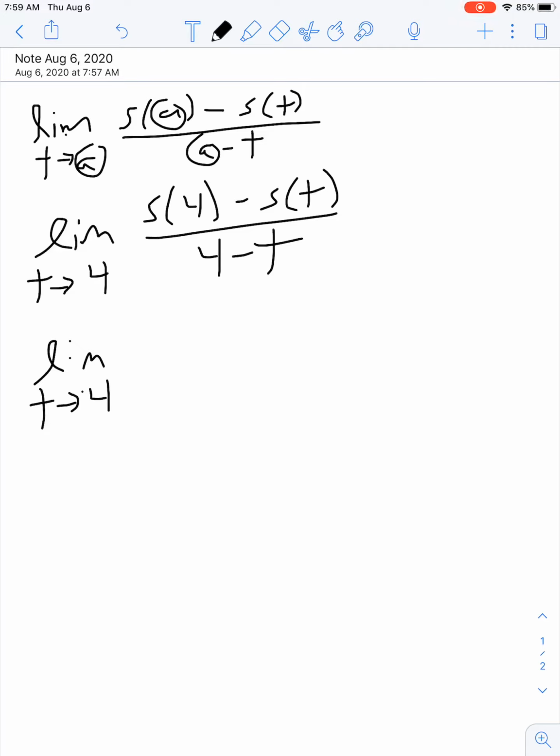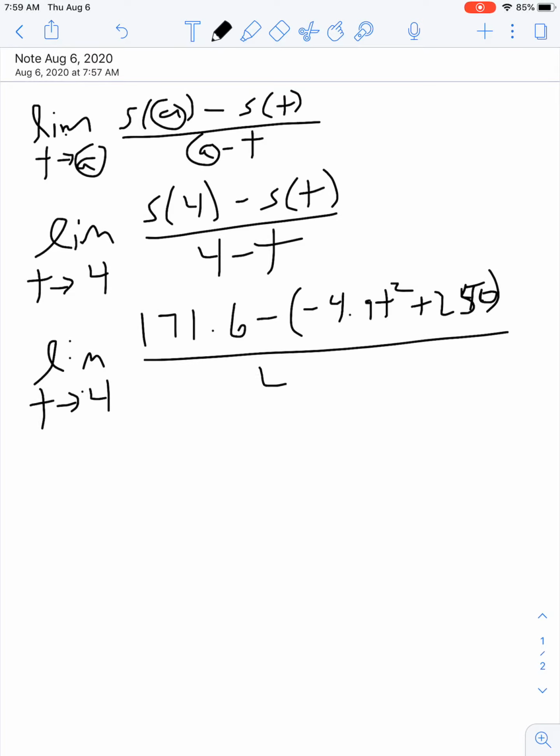So s of 4 is 171.6. They tell us s of t, so it's minus, and then s of t is negative 4.9 t squared plus 250. I wrote 240. Oh my goodness. Over 4 minus t.